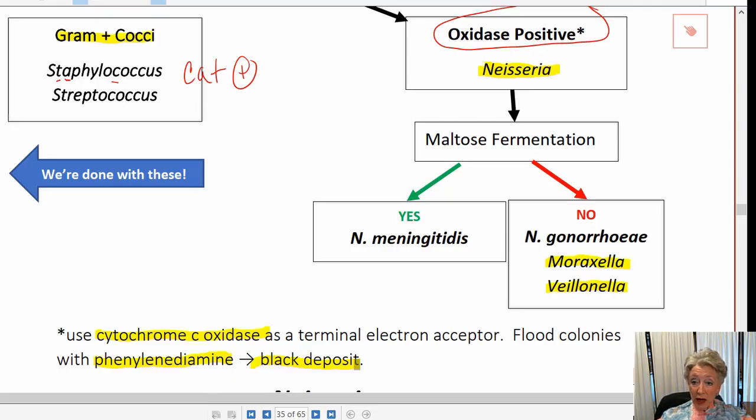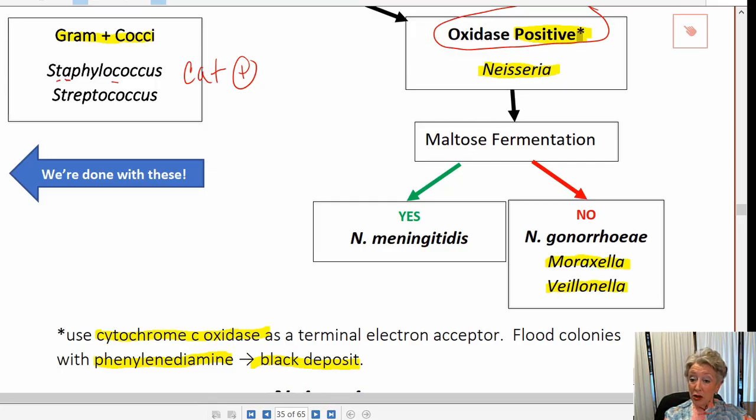Now, in case you lapse into a coma as we're going through the remainder of this chapter, realize that we will be in the oxidase positives until we turn the page into the family Enterobacteriaceae. Once we get to the Enterobacteriaceae, which are facultative anaerobes, they do not use cytochrome C oxidase.